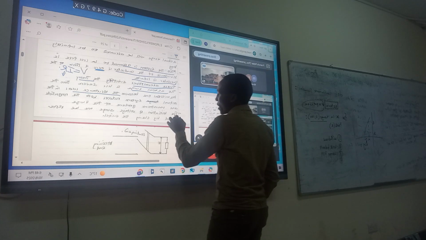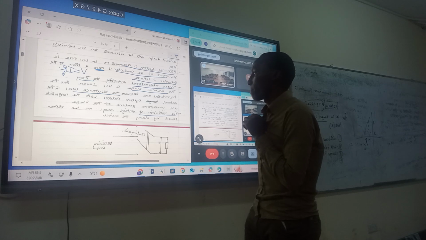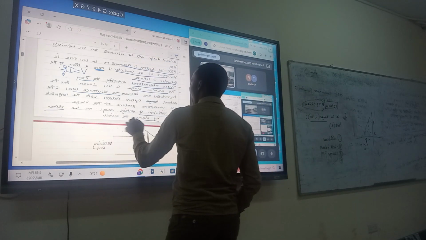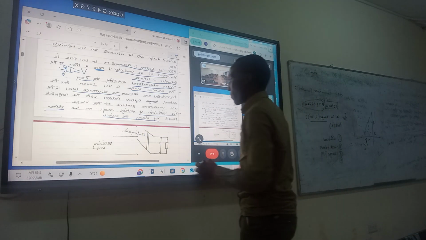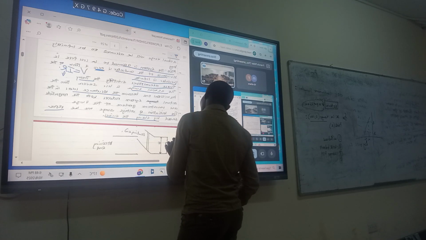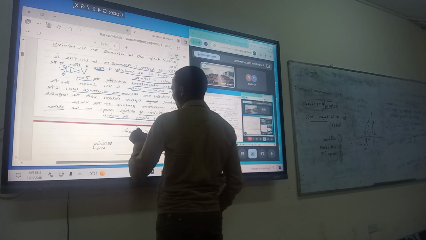That means the initiation of the voltage surge will be represented by closing the switch. You assume this is our switch. Remember, this is our load. Now we have to switch this side there.